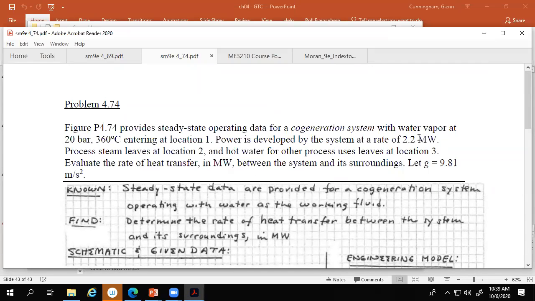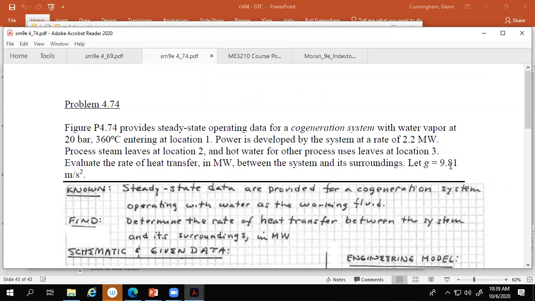We get some bigger problems later where we dig down into the details of the components in all of this. But we get 2.2 megawatts out. Process steam leaves at location 2, and hot water for other process uses leaves at location 3. Evaluate the rate of heat transfer in megawatts between the system and the surroundings. So apparently we have some losses to the surroundings here, and we want to calculate them.